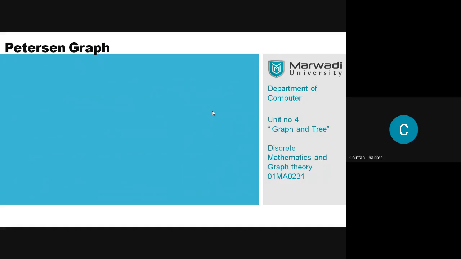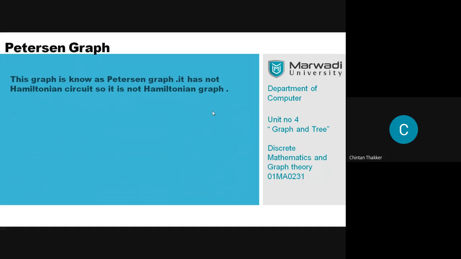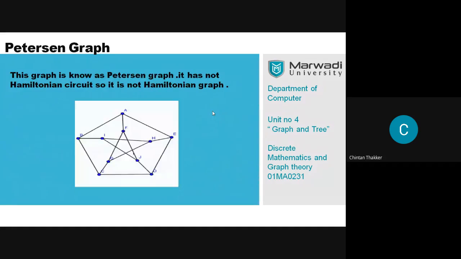So this graph is a Euler graph as well as a Hamiltonian graph.